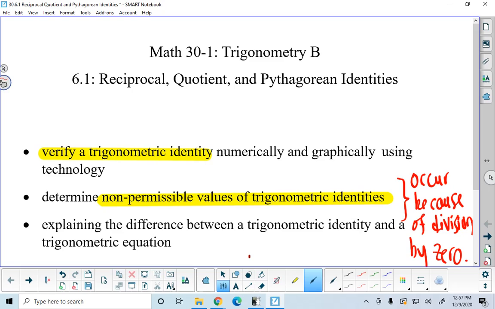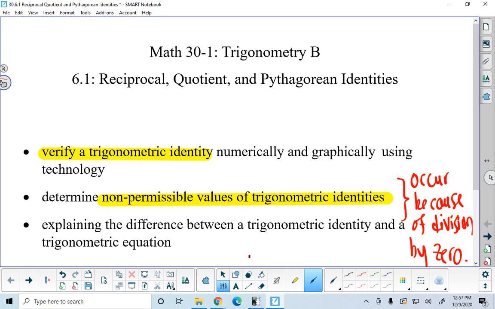There are other ways you can get non-permissible values in mathematics, but when it comes to trigonometric identities, we're dealing with division by 0 being the problem. When you go to divide by 0, you can't do that, of course, which means you're not allowed to do that, and that's what non-permissible is.